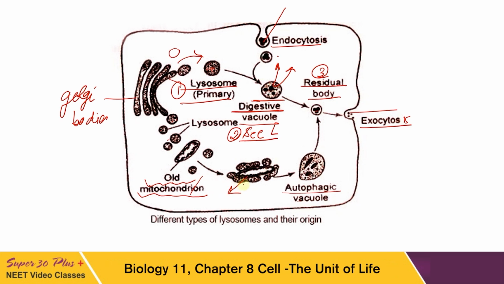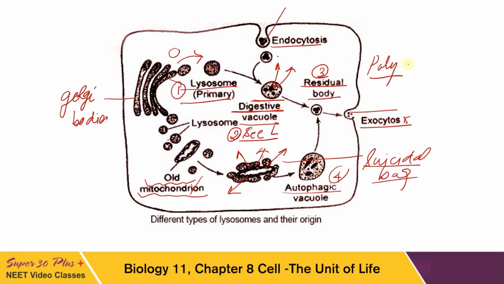The digested food will diffuse inside the cell so that the cell will survive. Because it has taken its own component and killed and digested it, these are known as suicidal bags. So there are 4 types of lysosome, which shows different forms. It shows polymorphism.